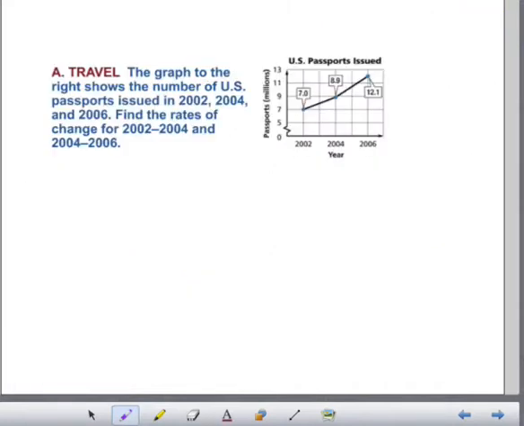Okay, look at this one. The graph to the right shows the number of U.S. passports issued in 2002, 4, and 6. Find the rate of change from 2002 to 2004 and 2004 to 2006. So looking at the chart, remember my x-axis is always the horizontal one, my y is vertical.